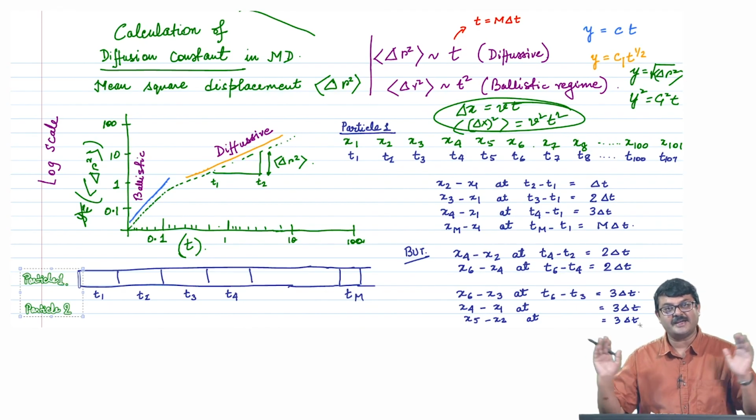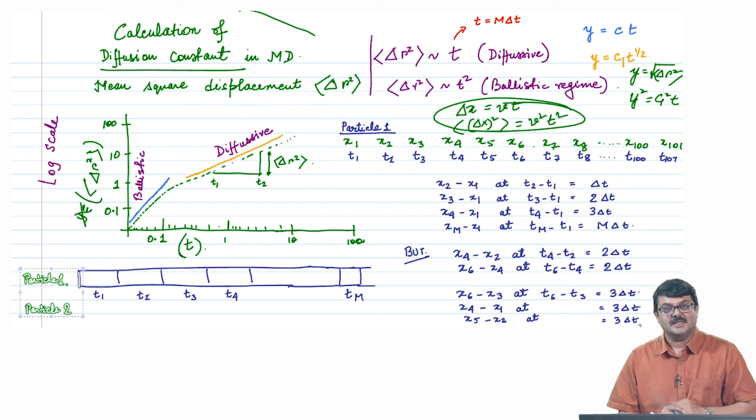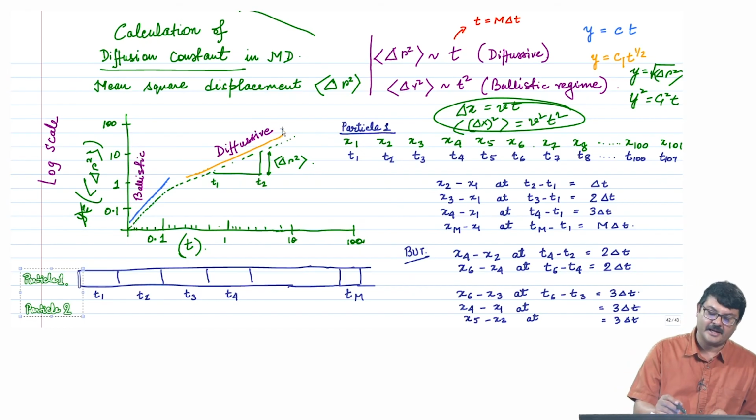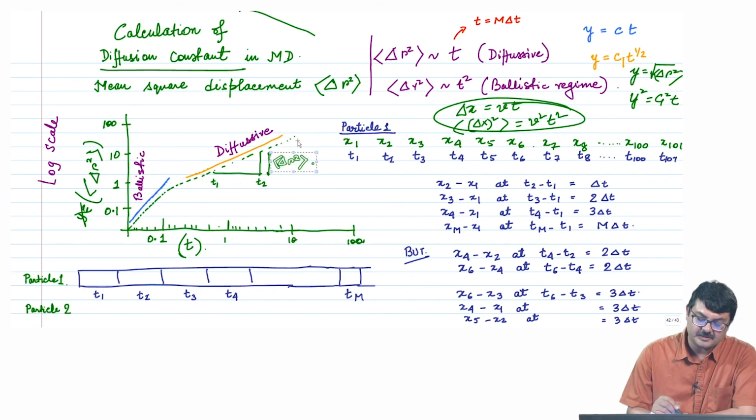You run 10 independent runs, each with different initial conditions, and only then can you calculate the mean square displacement at large times.